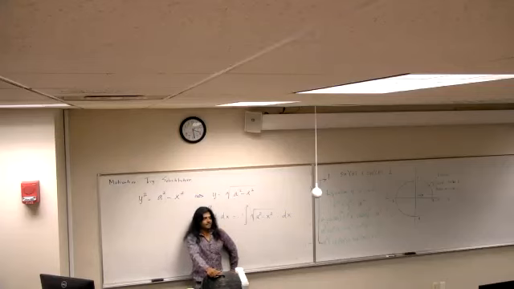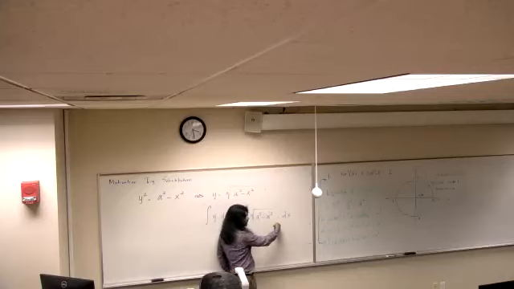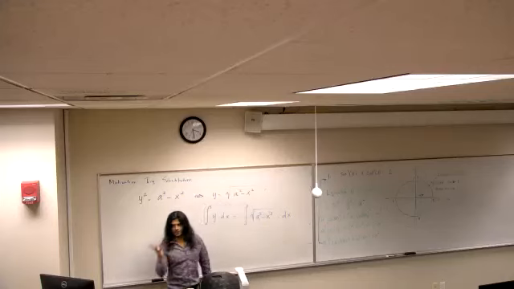Just by looking at it, would you be able to give me an answer? If so, which method would you use? Would substitution work? We'll start there. Alex? No, because you're never going to be able to get a from x or x from a. There is no way I'm going to get 2x outside or negative 2x outside.